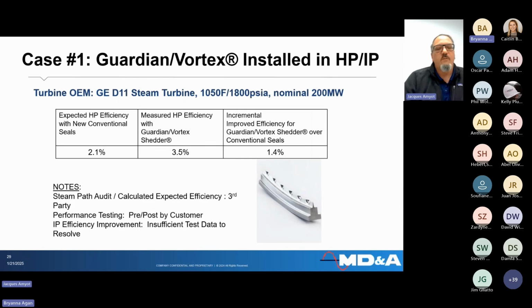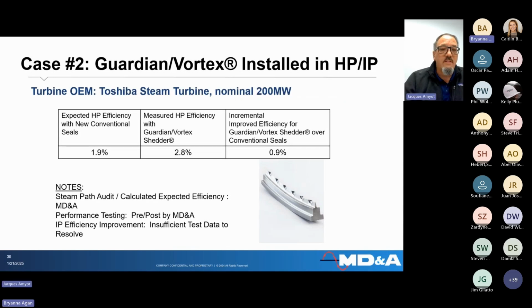The measured improvement with Guardian Vortex Seal technology was 3.5%. So that is an incremental improvement in section efficiency of 1.4%. So again, with Guardian Vortex Seal technology, there is a demonstrated and measurable performance improvement on a section efficiency basis.